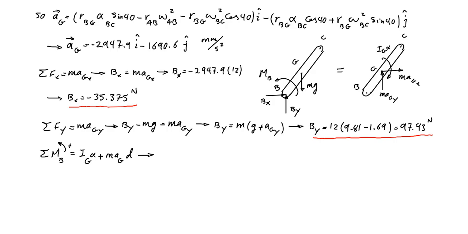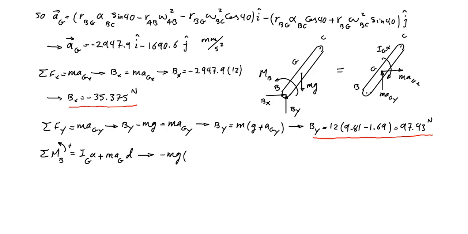So what we get is minus mg, and I have to multiply that by the distance it has from point B. I'm taking moments about B, and I use the first type of equation for a moment, that basically uses mass moment of inertia around center of gravity and then acceleration of center of gravity, instead of finding the mass moment of inertia about the point that we are taking a moment about.